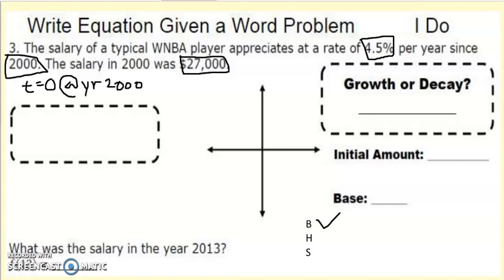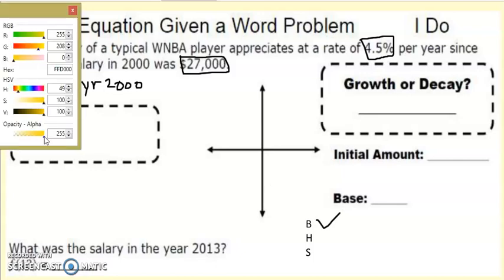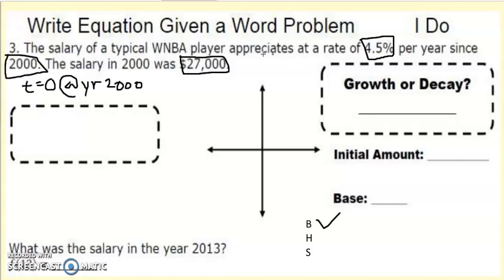Next, we will highlight our keywords. So we see the word appreciates. That means that it's going to grow. Appreciates means grow, so that means it's a growth.